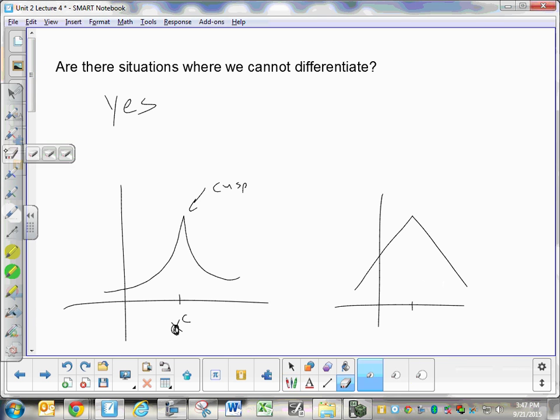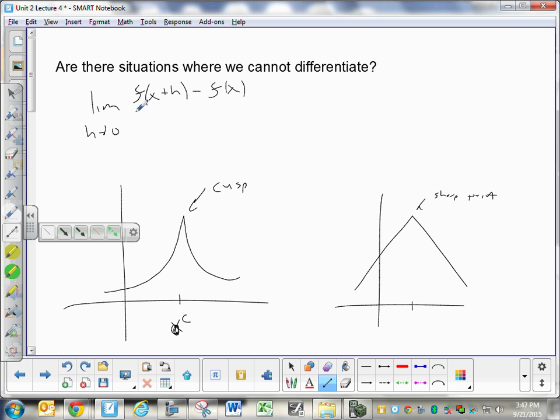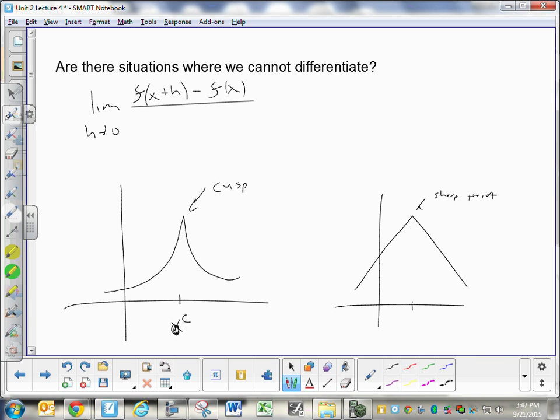Okay, let's be a little bit more specific. So when we cannot differentiate, yes, we cannot differentiate at a cusp or at a sharp point or at a discontinuity. But that's because this must exist for a tangent slope to exist. And how do we know when this will exist?